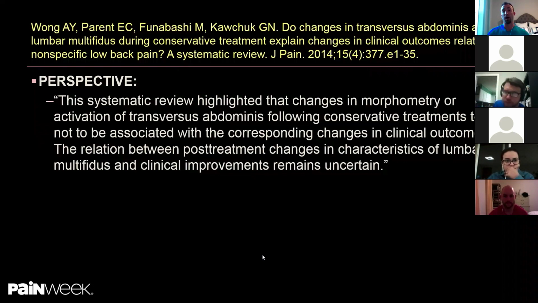So they're compiling all this data, and they're saying that there's no changes in the onset, activation, or the morphometry, so the actual thickness of these muscles when measured with diagnostic ultrasound, and the relationship between the outcomes in their treatment. So you can get out of pain, you can have less disability, yet there's no difference in the way that the muscles look, the way that the muscles are structured, the way that the muscles function.